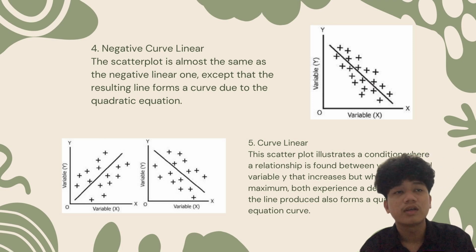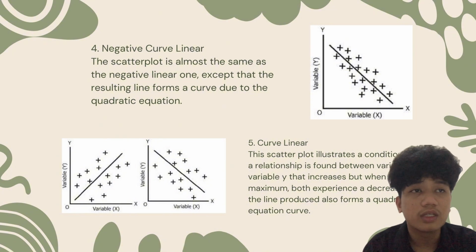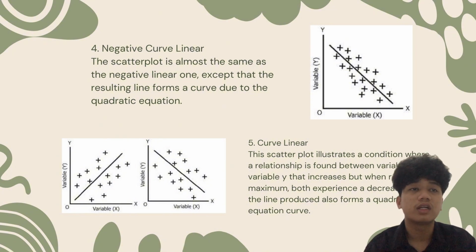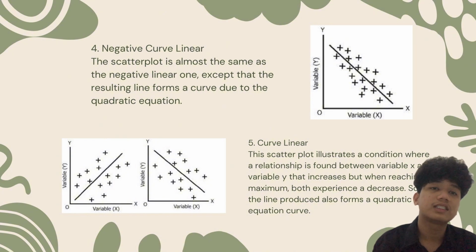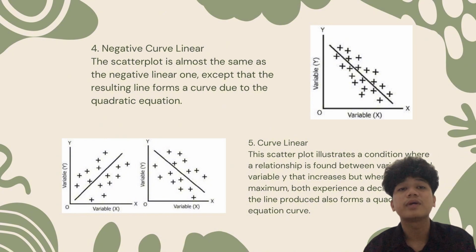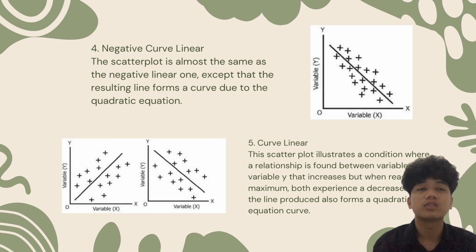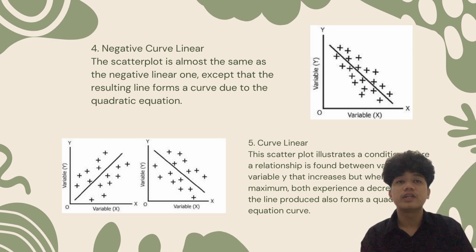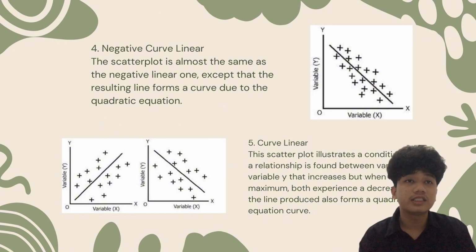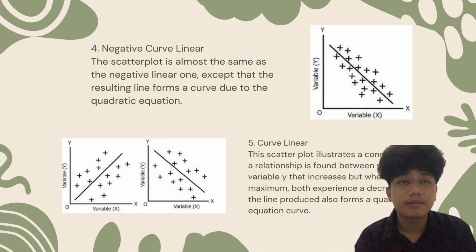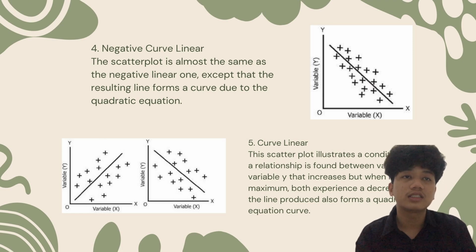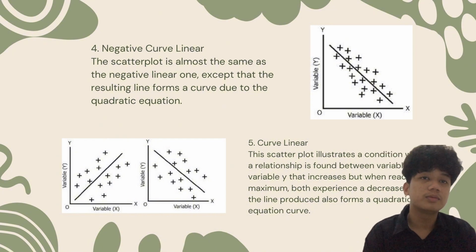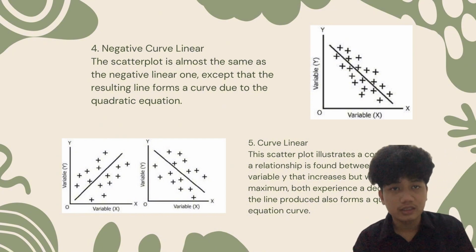Number 5. Curve linear. This scatter plot illustrates a condition where a relationship is found between variable x and variable y that increases, but when reaching a maximum, both experience a decrease.